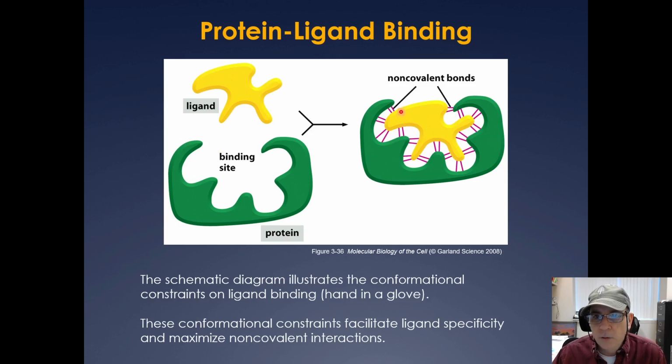And not only is it the non-covalent interactions, but the ability of the ligand to fit within the binding pocket. These constraints help to maximize ligand specificity, okay, and basically tell what ligand is going to fit into what protein.